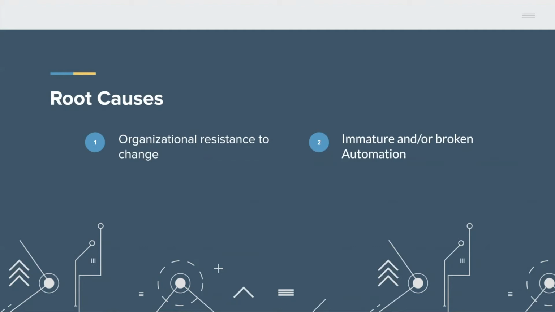quite often what I see, probably the number one cause of the DevOps speed bump, is organizational resistance to change. And this is something I've written about before. It's something that I see quite often, particularly in large organizations. But it really tends to be difficult to identify because it's very passive.